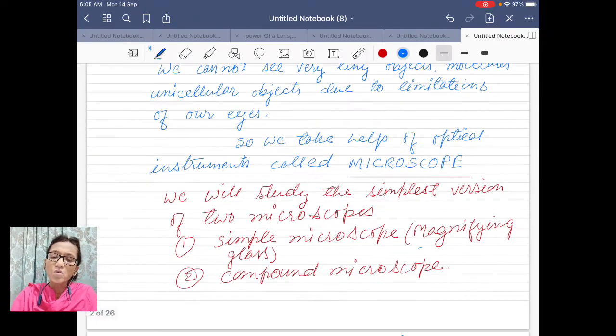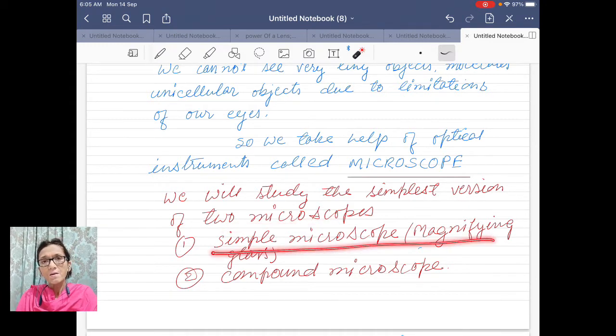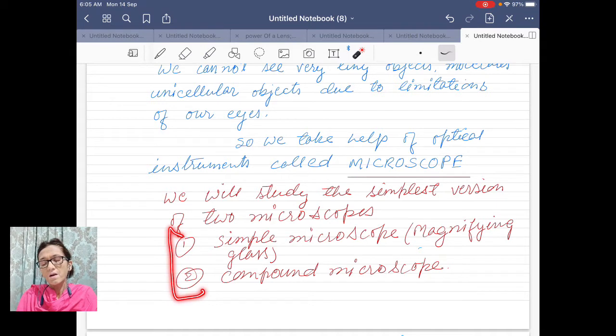A microscope can be a very sophisticated one, as those used today, but we are going to discuss a simplistic form: a simple microscope and a compound microscope. A simple microscope is also called a magnifying glass.